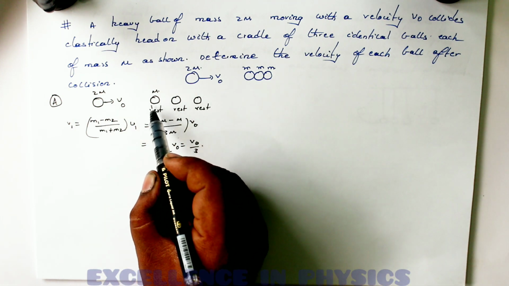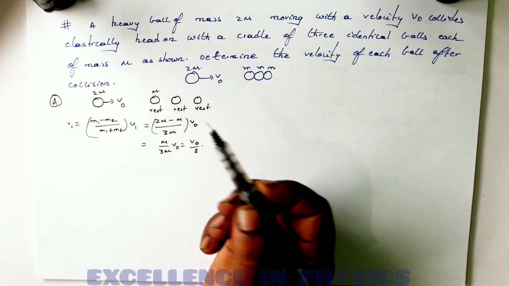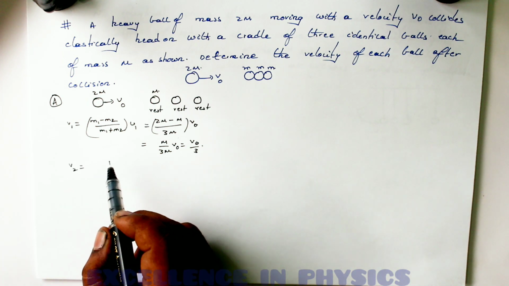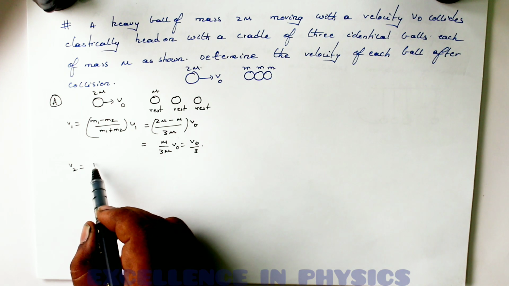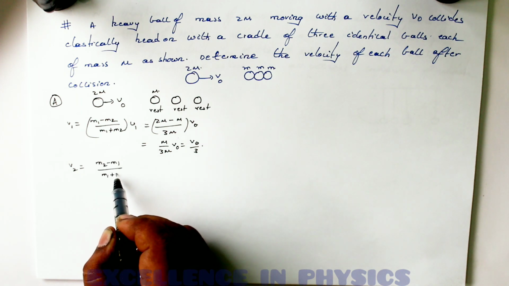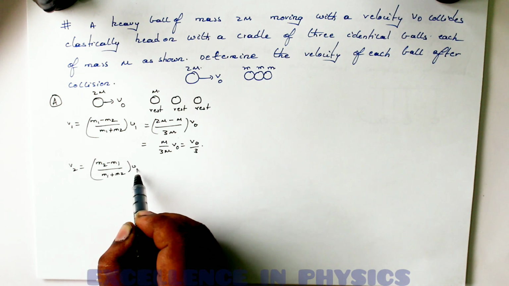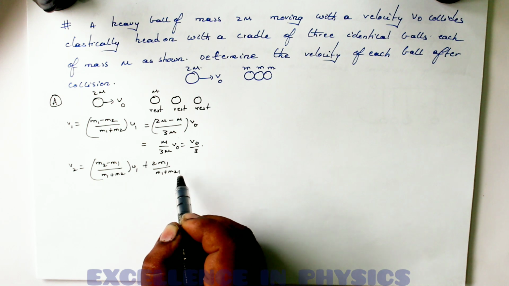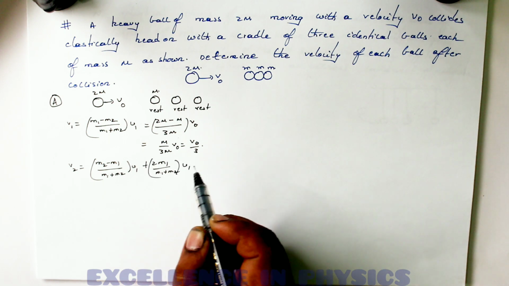Now what is the velocity of the first target ball after collision? That I can calculate by using v2. v2 is equal to, first of all we will write the total equation: (m2 minus m1) divided by (m1 plus m2) into u1, plus 2m1 divided by (m1 plus m2) into u2.